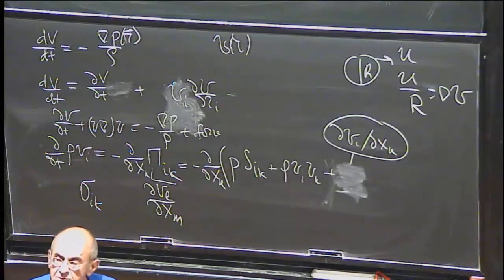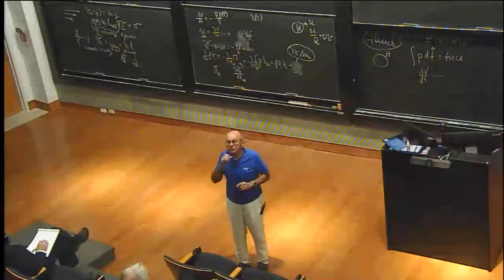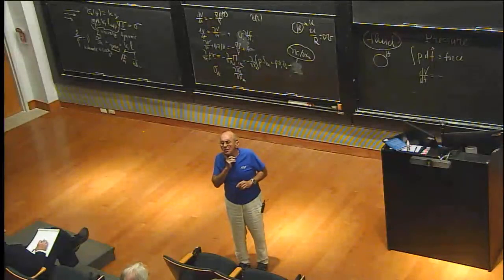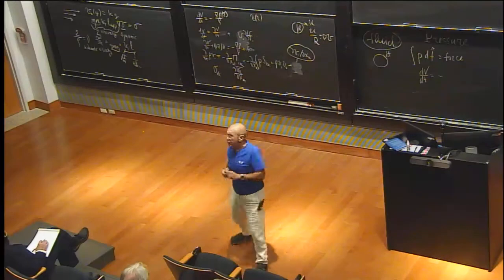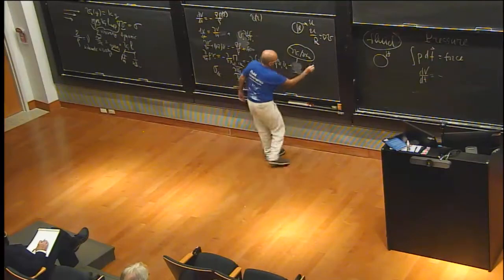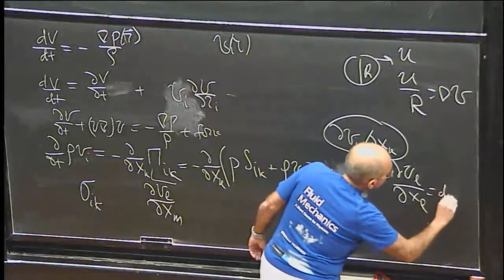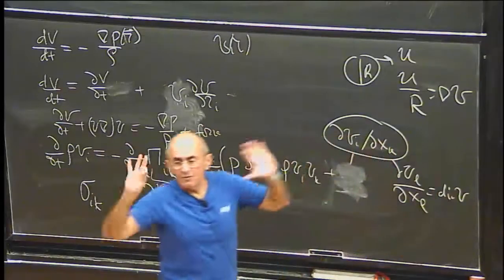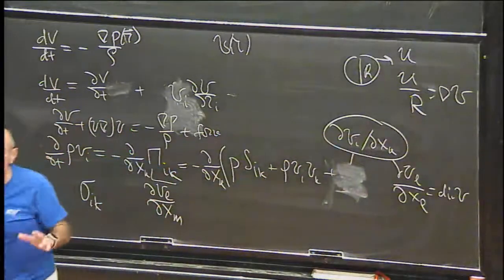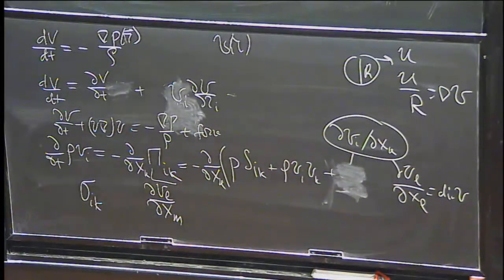Try to guess. Huh? The normal terms cancel. The normal terms cancel out. What does normal mean? You mean divergence? You know, just for simplicity and because we have enough trouble already, let's make the fluid incompressible.